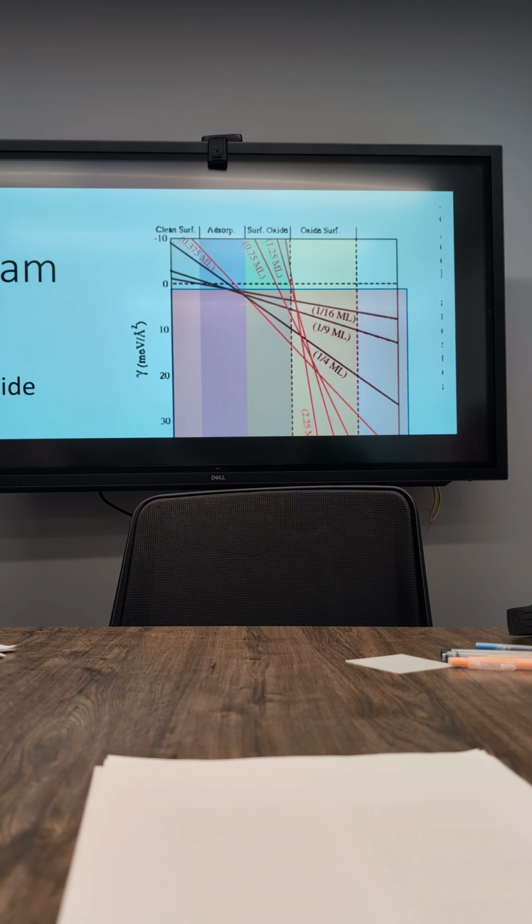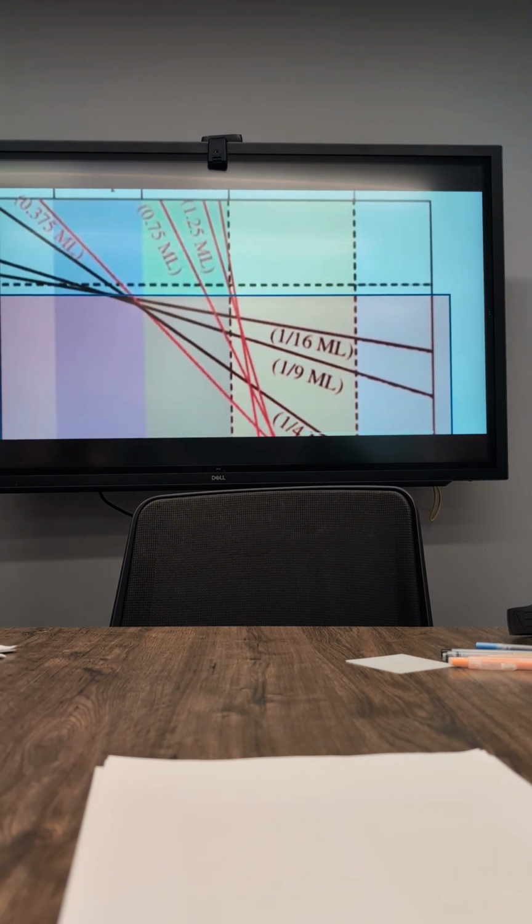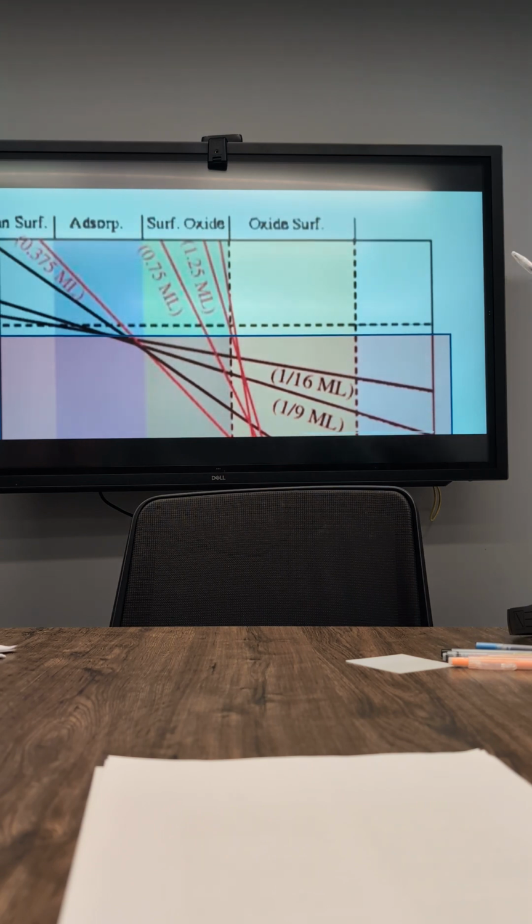They're saying the 4x4 is more favorable at that adsorption area. And then if you look at the surface oxide, when you have more oxygen, the other 3 lines become more favorable. Okay, I see. And that's going to have a different structure.